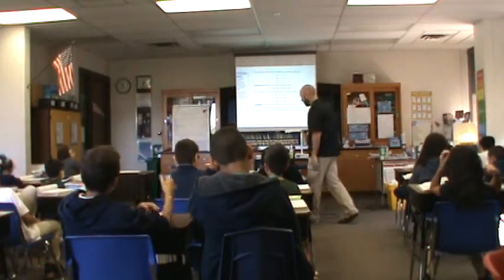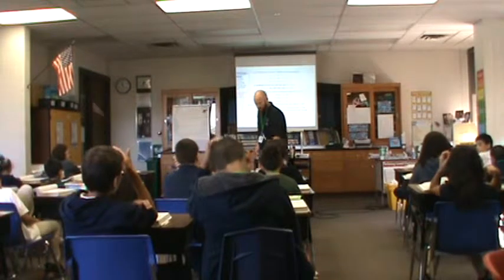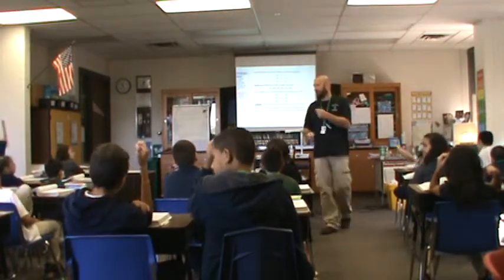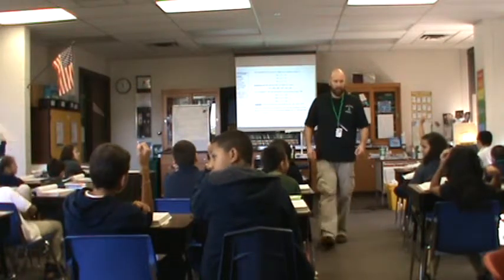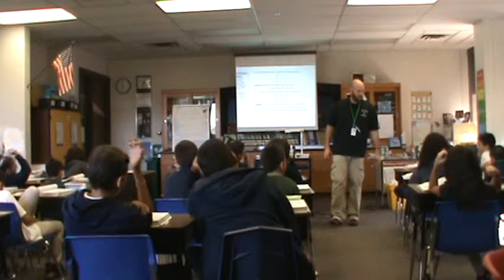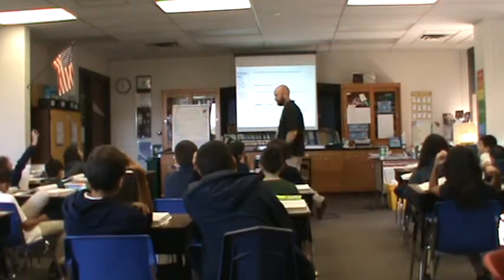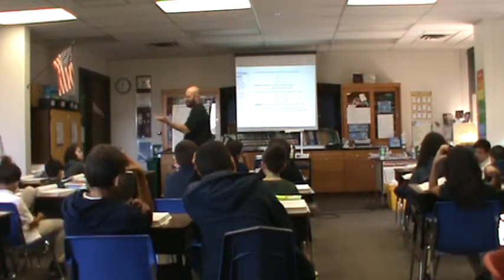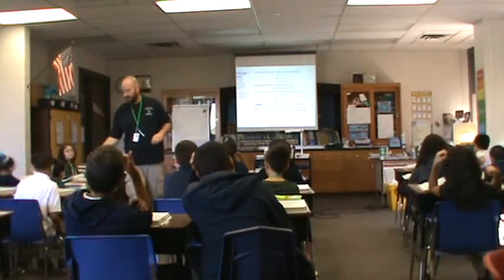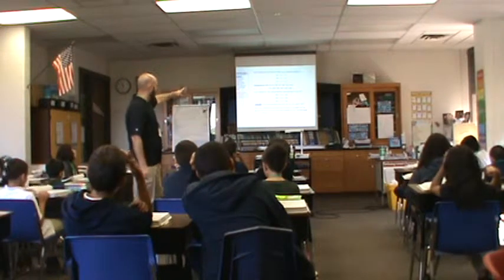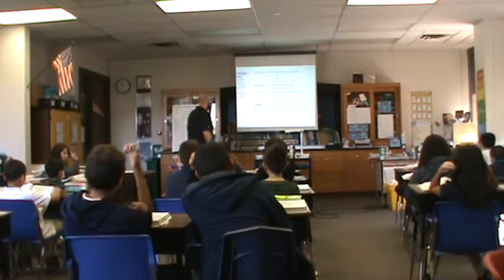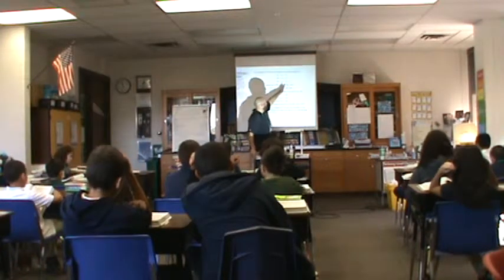What's another word for algorithm? We did the division algorithm. Jasmine, what's an algorithm? A specific way of doing things. So the division algorithm we did earlier in the week. It means a way of doing things. It's a method.